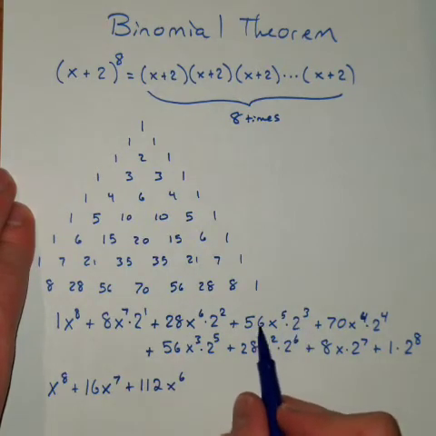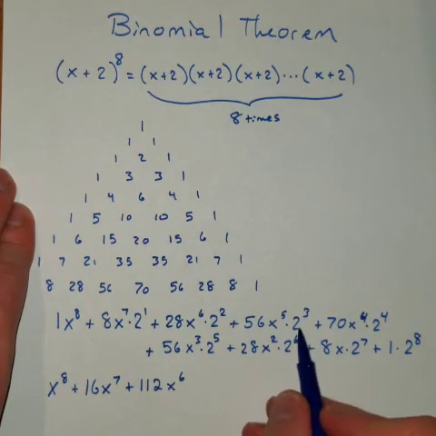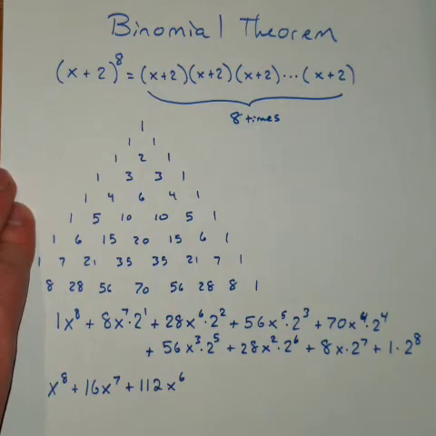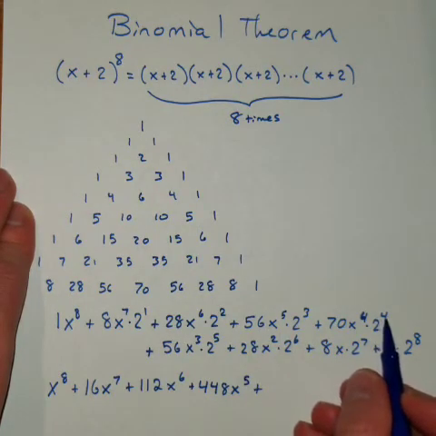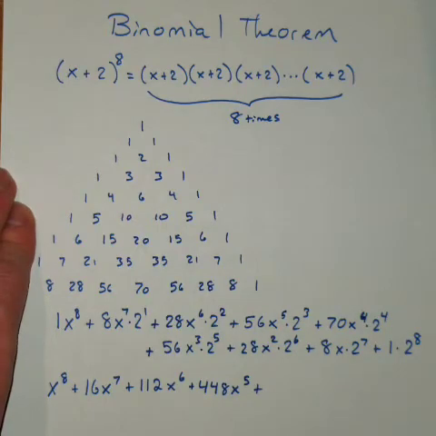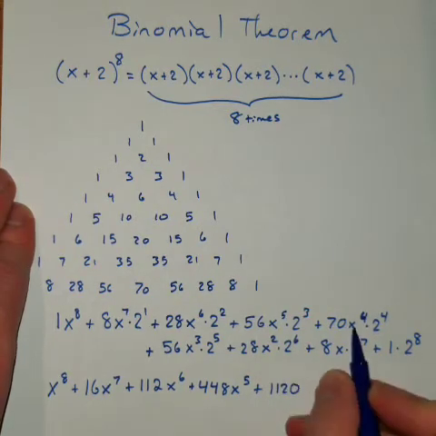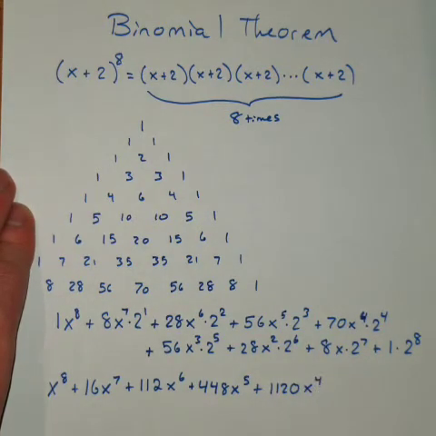Then we've got 56 times 2 to the 3rd. 2 to the 3rd is 8. So it's 8 times 56, which is 448. So I got 448x to the 5th. We've got 70 times 2 to the 4th, which is 16. So 70 times 16 is 1,120. And that'll be times x to the 4th.